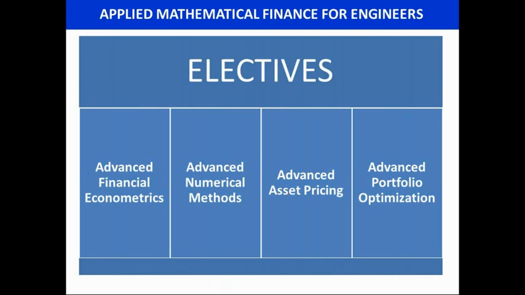Thereafter one can go for electives, and these are optional post-certification. One can simply complete the certification before the electives, but as of now some advanced electives are offered post-certification, like advanced financial econometrics, advanced numerical methods, and advanced asset pricing and portfolio optimization.